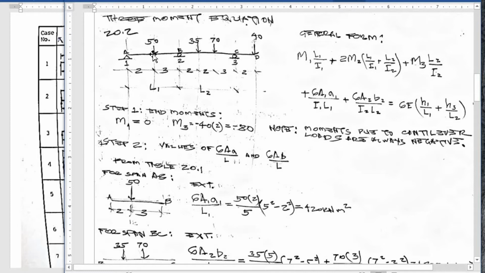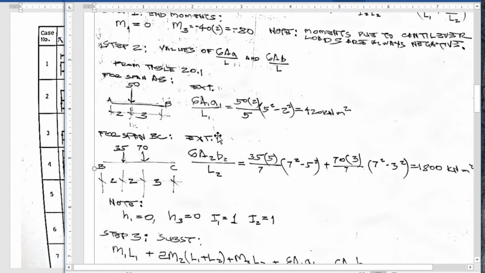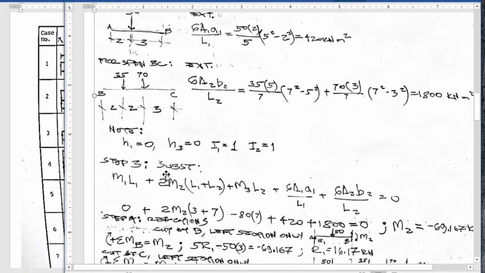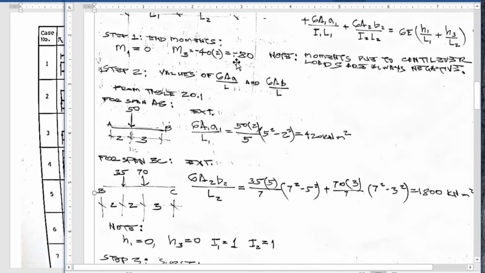And we have the vertical loads na 50, 35, and 70. So, let us isolate the figure. Ito siya, no? Ayan yung R1, R2, tsaka yung tatlong loads. So, summation moment at C is equal to M3. Note na si M3, that is equal to negative 80.